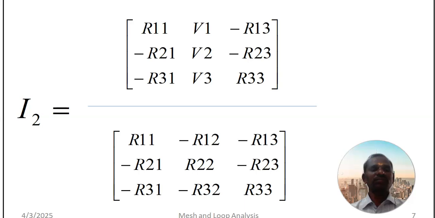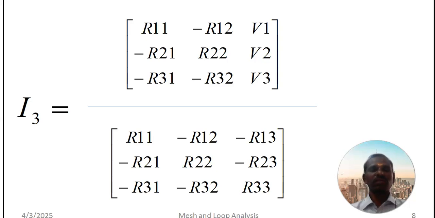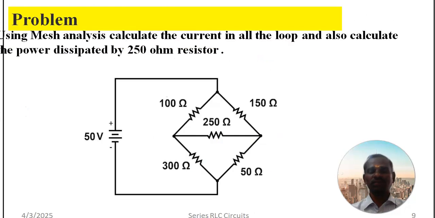Likewise, to find the current in the second loop, your second column has to be replaced by the voltage source, whereas the determinant at the bottom will be the same. Likewise, to find I3, you have to replace your third column with the voltage source, that is V1, V2, V3. We will go for a problem.